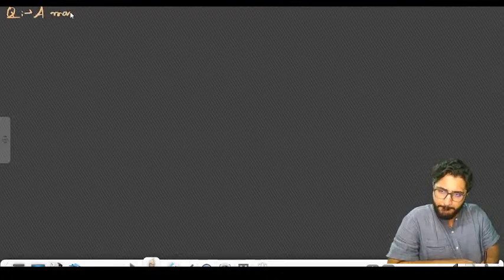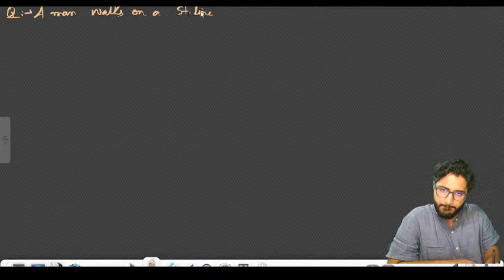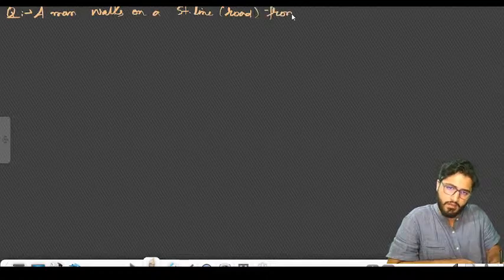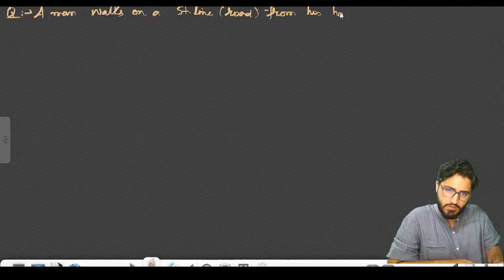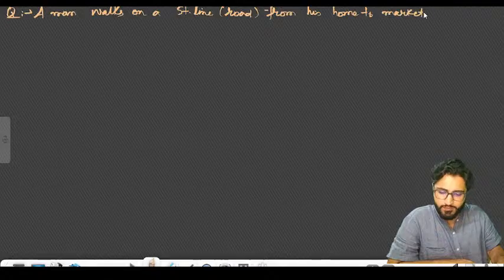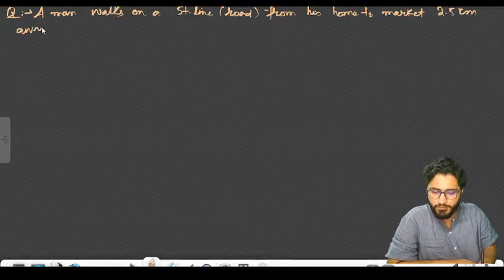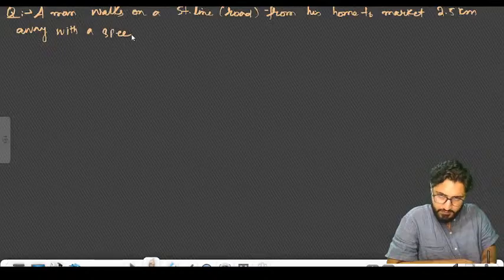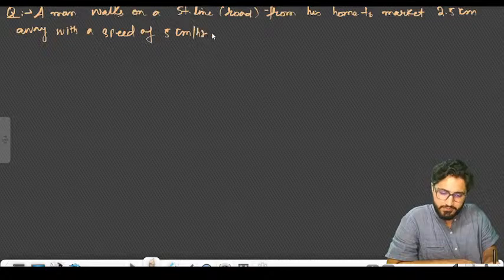A man walks on a straight line road from his home to market 2.5 kilometer away with a speed of 5 kilometer per hour.